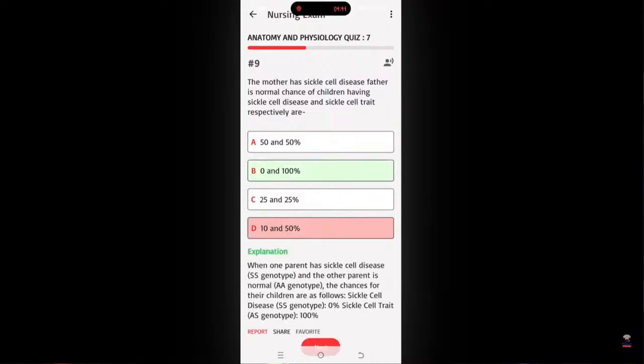Correct answer is B. When one parent has sickle cell disease, SS genotype, and the other parent is normal, AA genotype, the chances for their children are as follows: sickle cell disease, SS genotype, 0%, sickle cell trait, AS genotype, 100%.